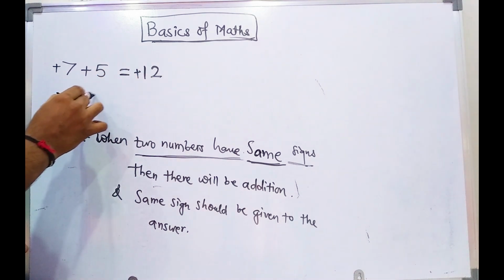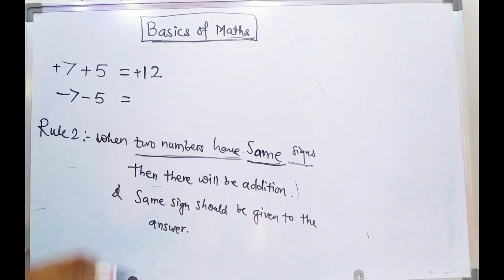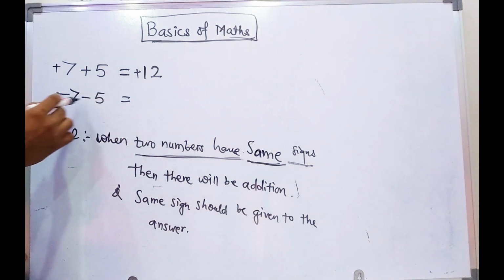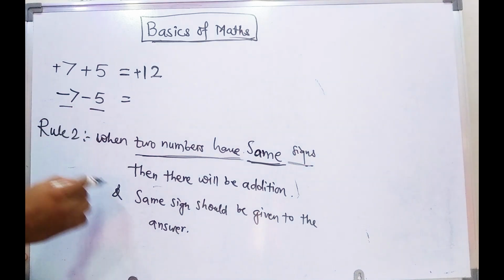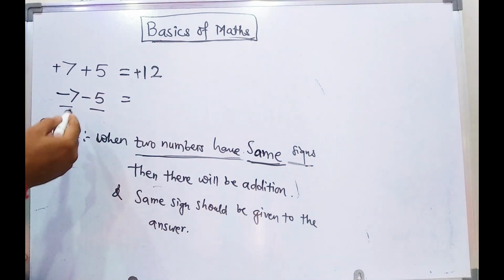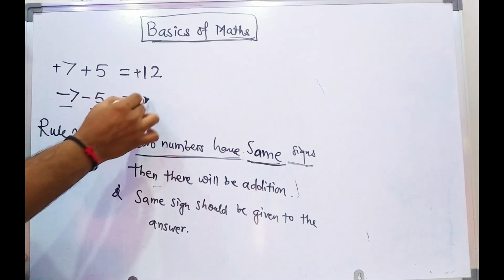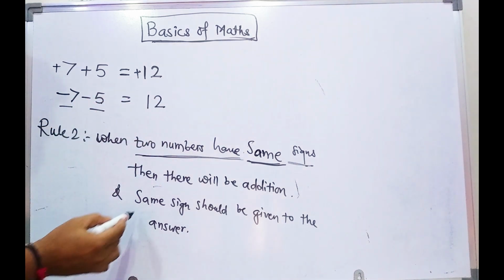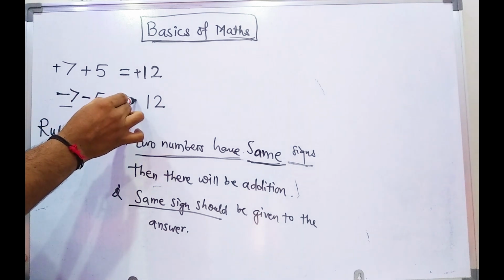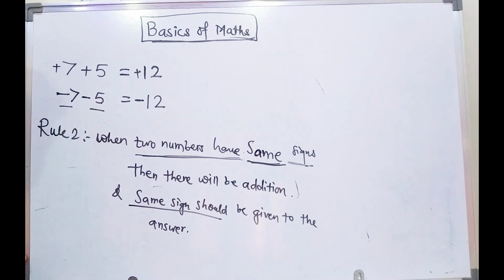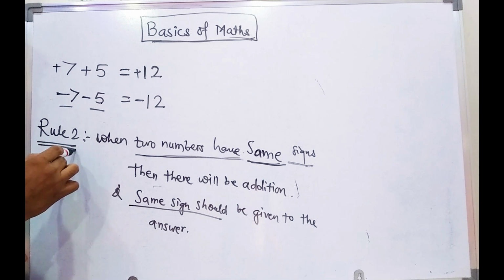Let us take another example. Suppose the question is like this, minus 7 minus 5. Now these two numbers have similar signs or same signs, so we will add them. 7 plus 5 means 12 and the same sign the numbers have should be given to the answer. Now this is the rule number 2.